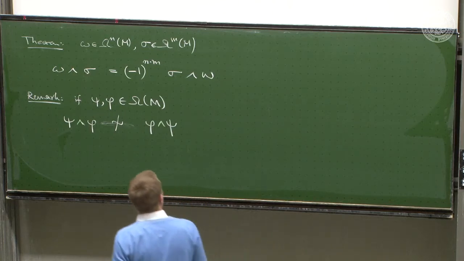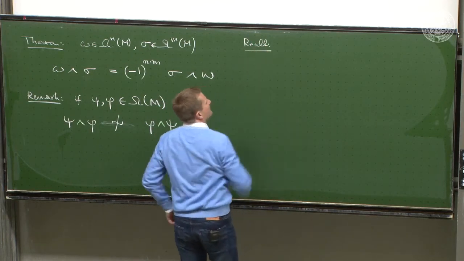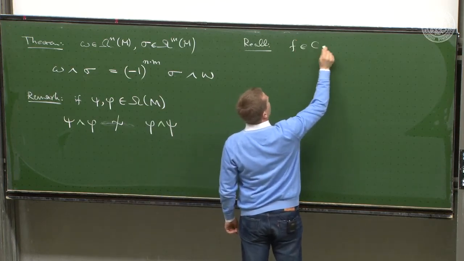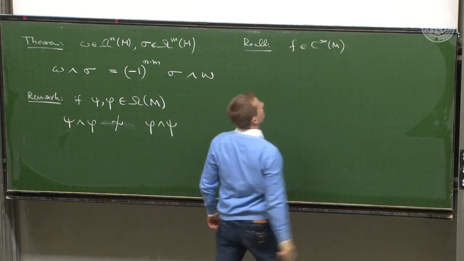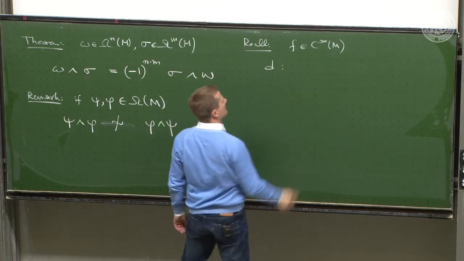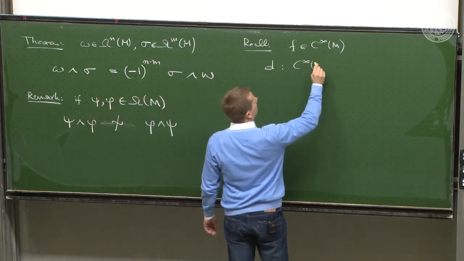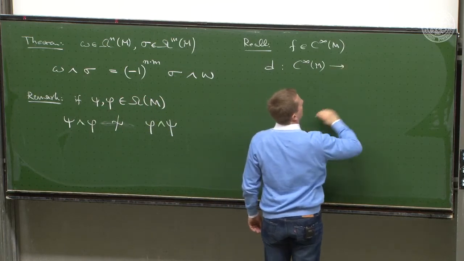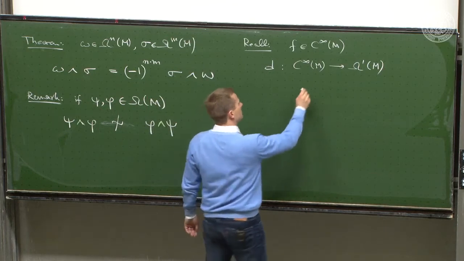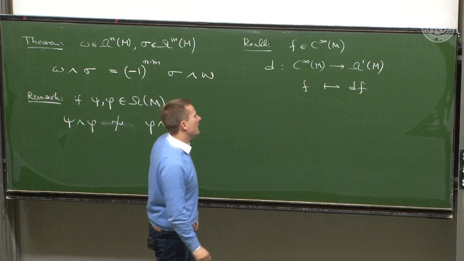And so we first recall that we had this gradient. So if we had a smooth function f, we could define this gradient operator, but now not at a particular point, but we can define it on any function, and what it yields is a one form. So f is sent to df, and that's a one form.